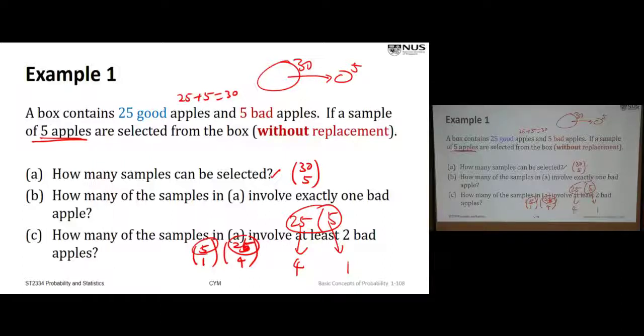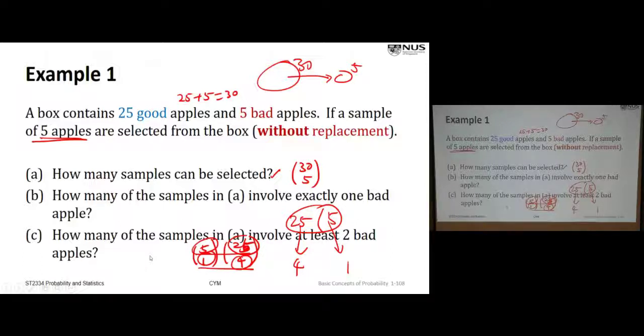In this case, it's 30. And for the second entry, they have to add up to the number of items you choose, the sample size. So this adds up to 30 and this adds up to 4. Multiply them together. That is the answer.